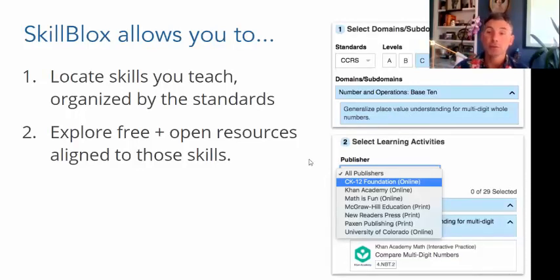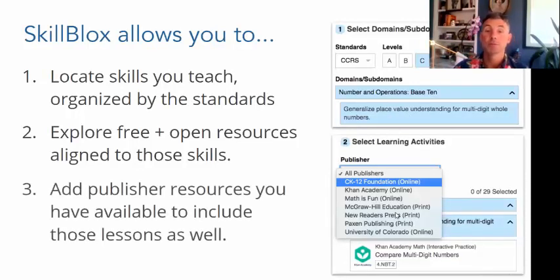And then you can filter those resources by the various provider, and then you can select the resources or activities that you want to use. And with the publisher resources, you do first, and I'll show you how to do this, have to indicate that you have access to, say, the McGraw-Hill book or the New Readers Press book or the Paxton Publishing book, right? So those aren't included by default in what you see.